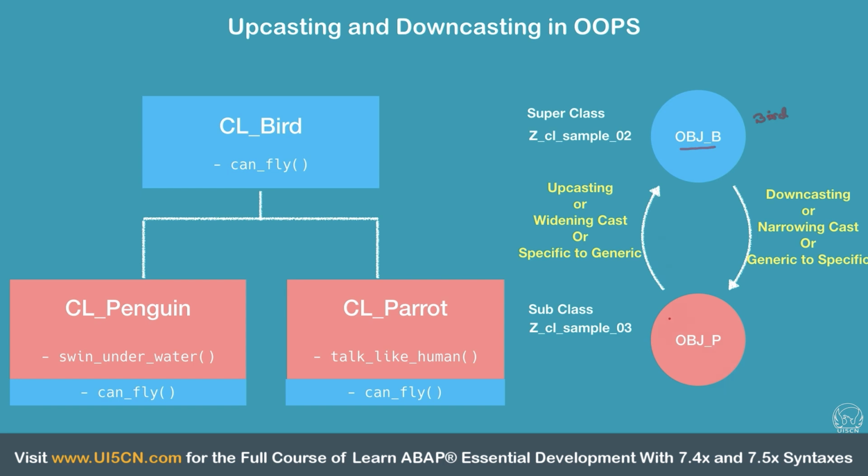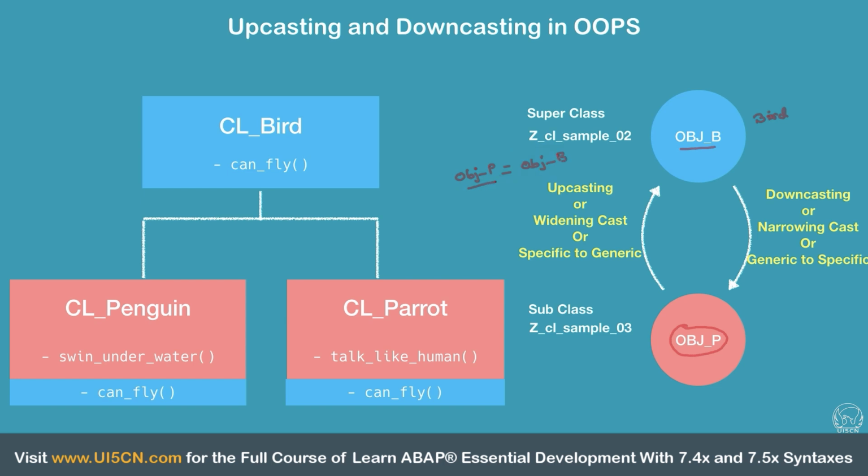Now, if I'm trying to convert a penguin object, obj_p, by equating it to obj_b, so what I'm trying to do here is convert obj_penguin into obj_b, which is your bird.